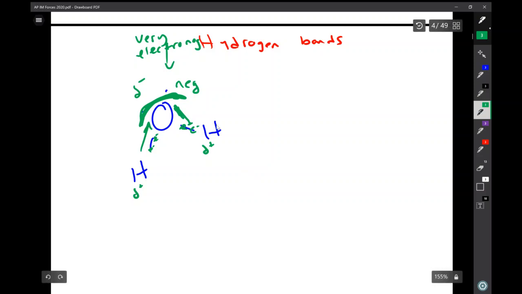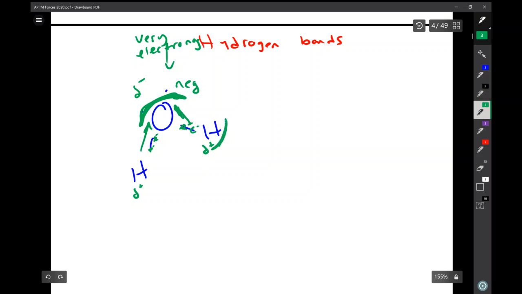Now, if you look at the hydrogen end, those electrons in this bond are getting pulled towards oxygen. They're around oxygen the majority of the time. So what's left on hydrogen? Remember, what does hydrogen start out with before it bonds? It starts out with one proton and one electron. If that one electron is getting closer towards oxygen, all you've got left is a proton.